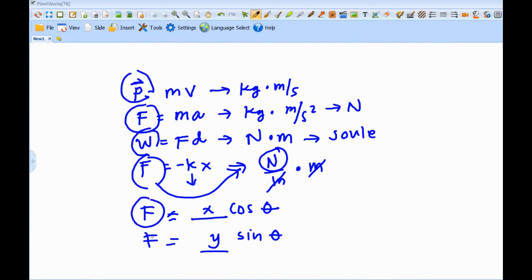Sir, in which courses are these needed? For engineering courses, they have a lot of physics subjects: Physics 1, Physics 2, Physics 3, Physics 4.